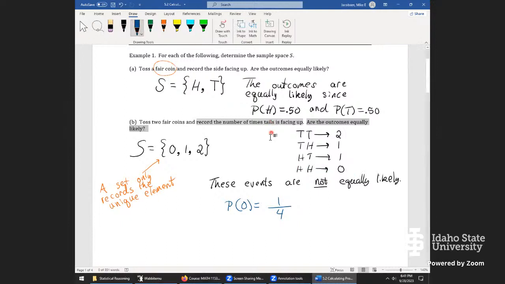Next, let's take the probability of a 1, only because it comes next. The probability of getting a 1 in this experiment is, well, now there are 2 ways that can happen. Your first coin was tails and your second coin was heads, or you tossed heads then tails, vice versa.